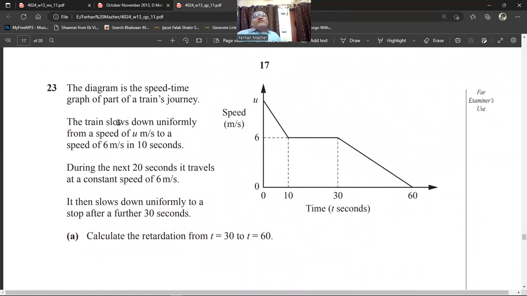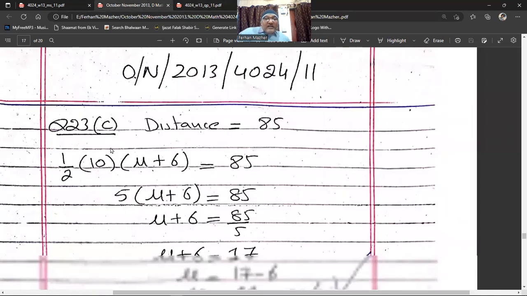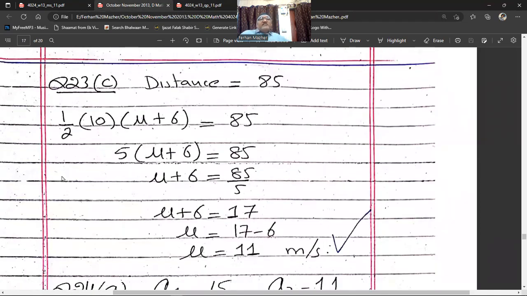The distance traveled is equal to the area under the speed time graph. So the area under the speed time graph here is a trapezium. You know the formula is 1 by 2 into height into sum of the parallel sides, and that will be equal to 85 because it is the area.